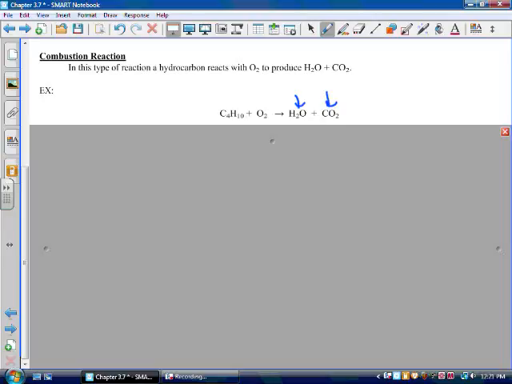But in most cases, you'll just have a plain hydrocarbon reacting with oxygen to produce water and carbon dioxide. Always, always, always, when you see those things being produced from those 2 types of reactants. The key is, these can be produced from other types of reactions as well, but when you have a hydrocarbon and you have oxygen reacting, then you know you have a combustion reaction.